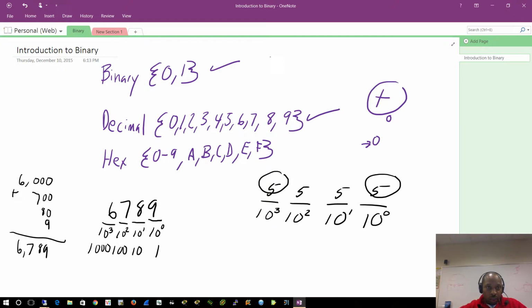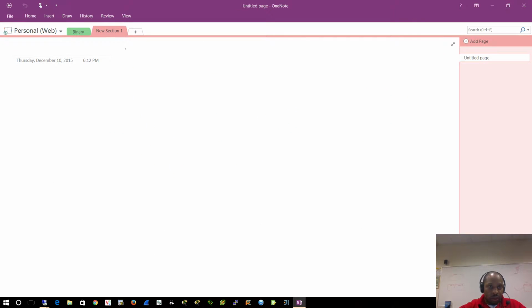Now, why did I do all of that? We did that so that when I show you binary, it's the same thing, and I'll just draw out a couple digit values here. So binary is base 2.